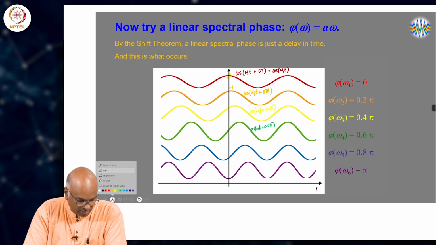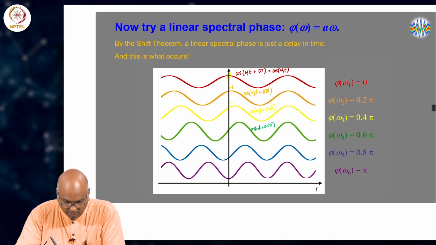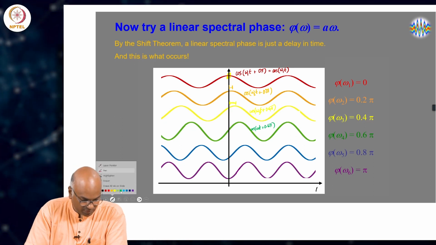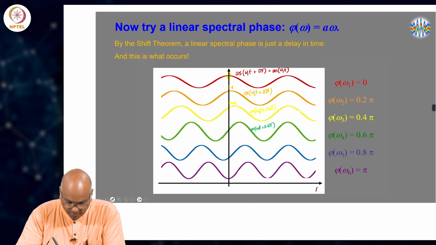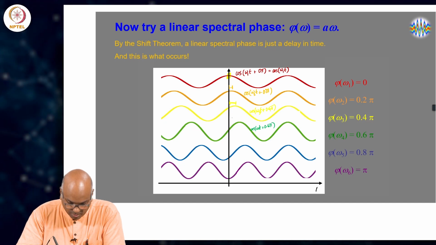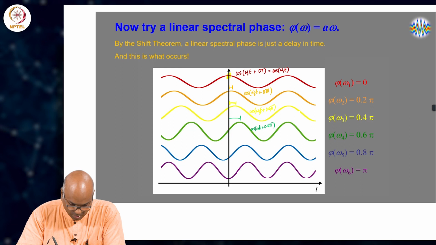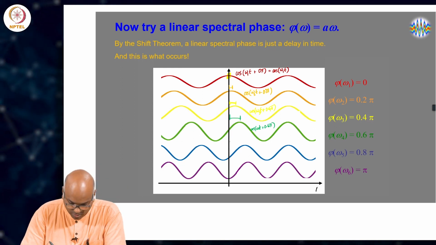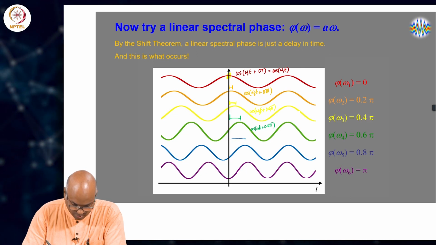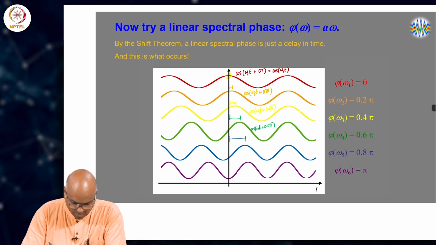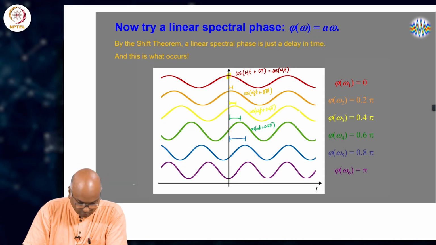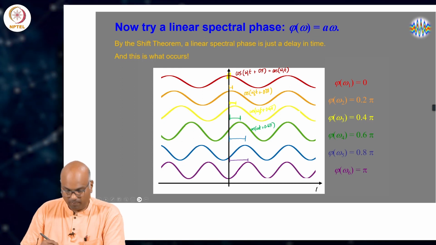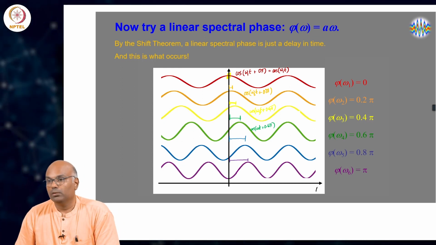All of these are essentially captured by how much the maximum has shifted away from the 0 of the time axis, right?